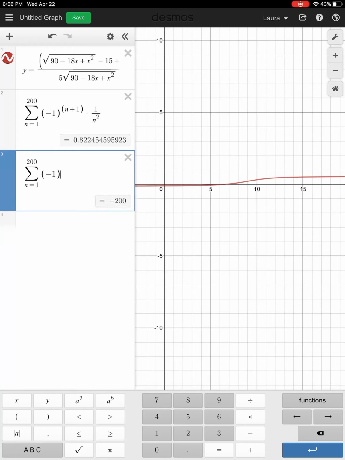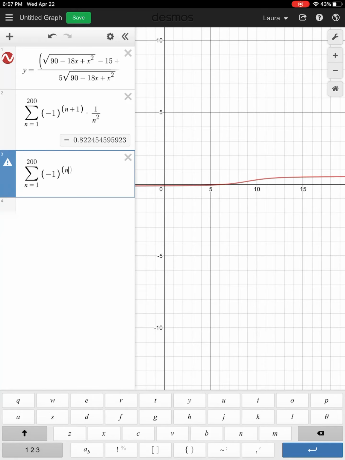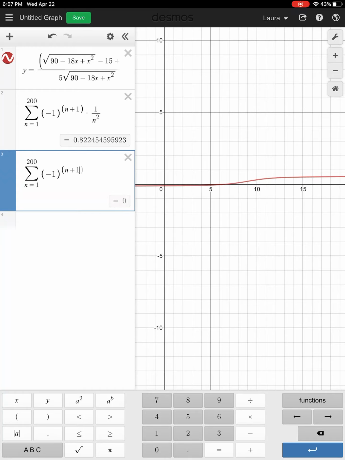So I guess I can do this again. Functions, summation, n equals 1 to 200. And then this would be negative 1, and then put that up there.